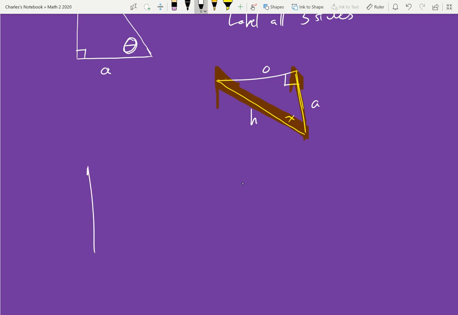Let's try another one. Let's go like this. Let's say this is theta. That's my right angle. Let's say A, B, C. Well, that's not really technically right. I wouldn't want to label it that way because it would be invalid in Pythagorean theorem. Let's look for the hypotenuse. What's the hypotenuse?